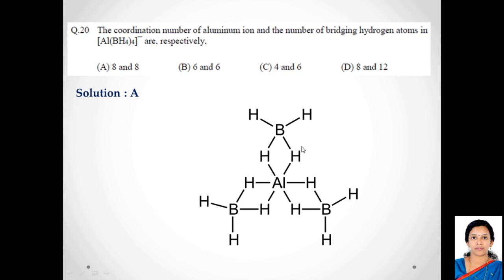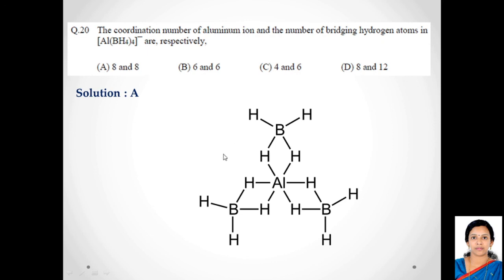Totally this aluminum has a coordination number of 6, and there are 6 bridging hydrogens. Now if you add one more tetrahydroborate, the coordination sites on aluminum will become 8, and the number of bridging hydrogens will become 8.